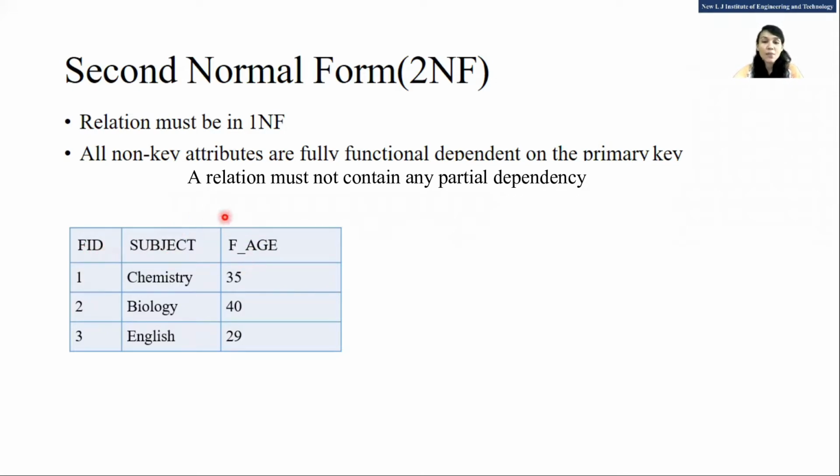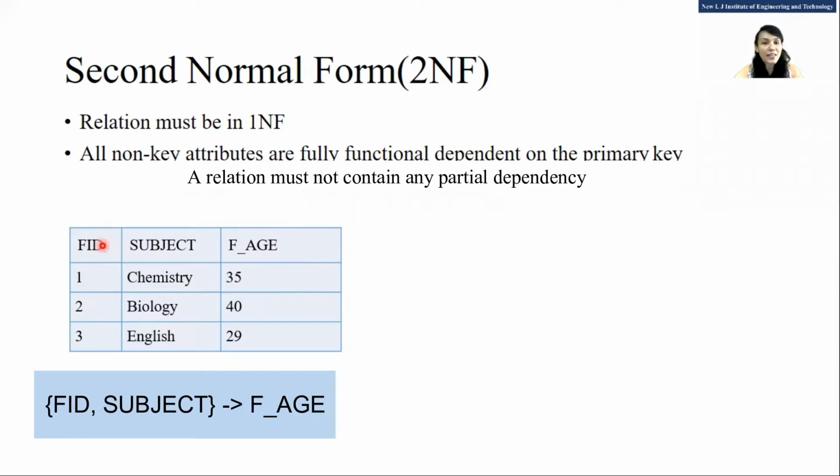If I give the dependency FID and subject determines F age, then faculty age depends on faculty ID only. To determine the faculty age, I don't need subject. So the dependency FID, subject determines F age is not a full functional dependency; it is a partial dependency.